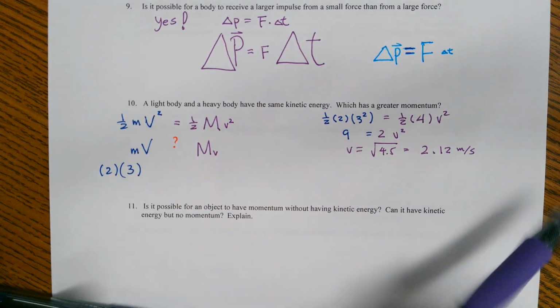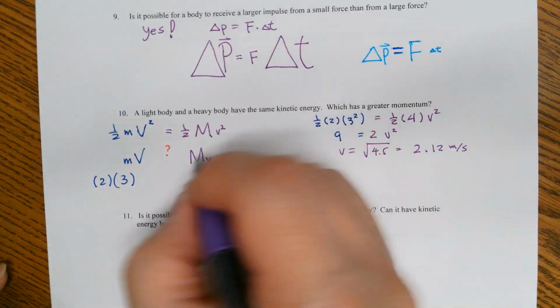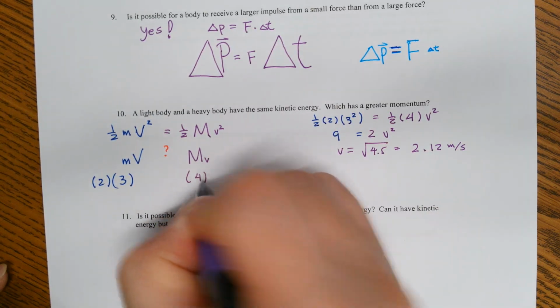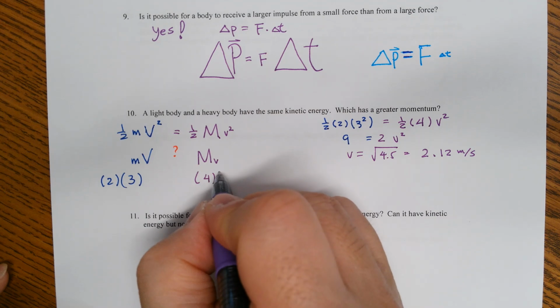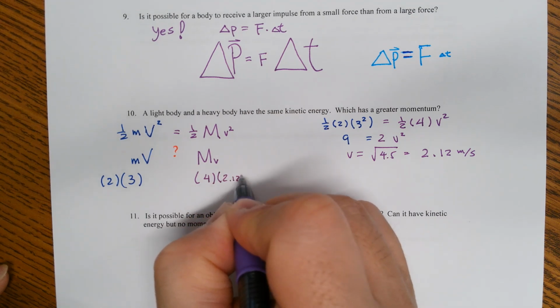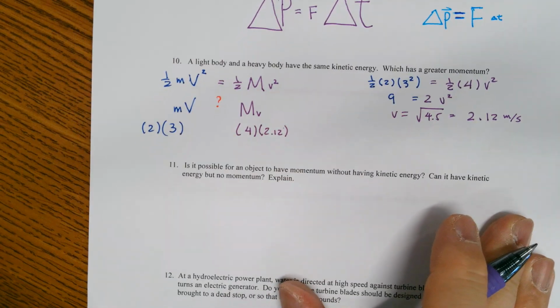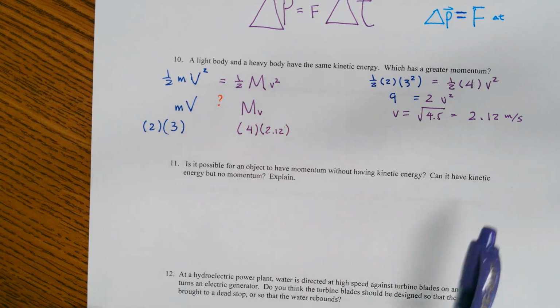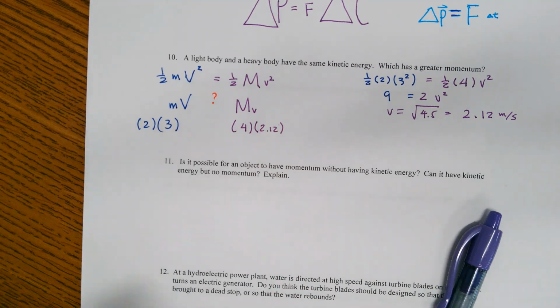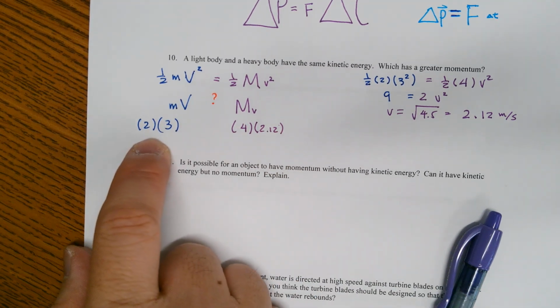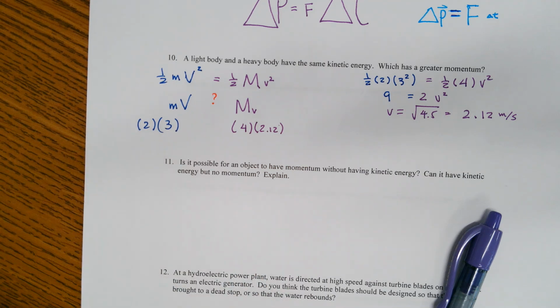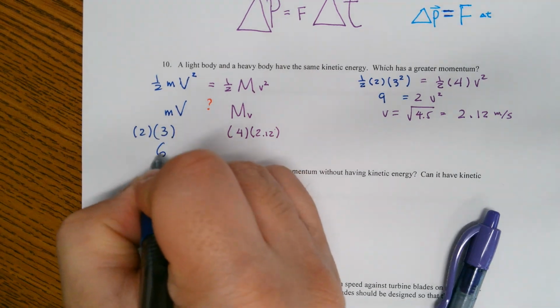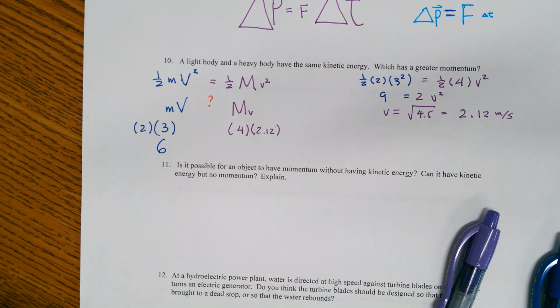And here, I have 4 times 2.12. Therefore, which one's bigger? Here, I have 6. Here, I have more than 8.